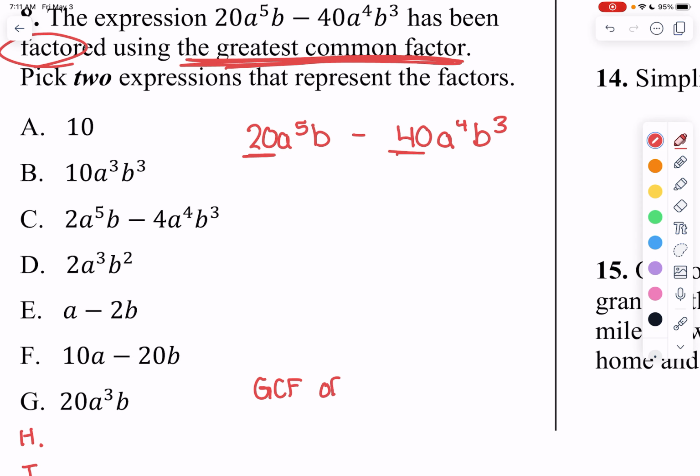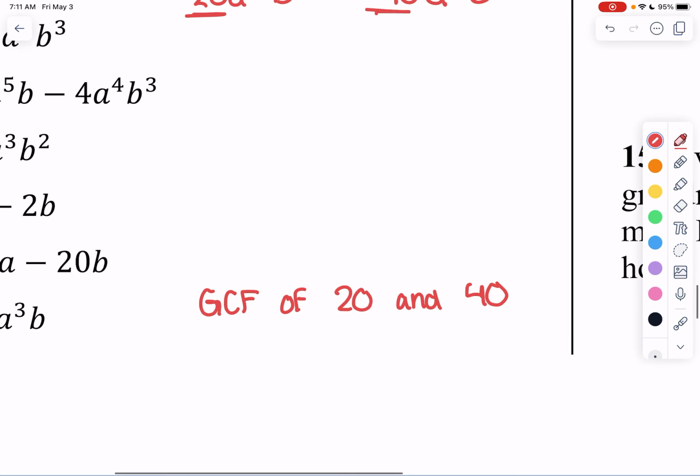The greatest common factor of two numbers, 20 and 40. What I like to do is take the smaller number, here it's 20, and think, what numbers can I divide 20 by? I'll list them out. I can divide 20 by 1. 20 divided by 1 is 20, which means I can also divide it by 20. 20 divided by 2, yep. 20 divided by 2 is 10.